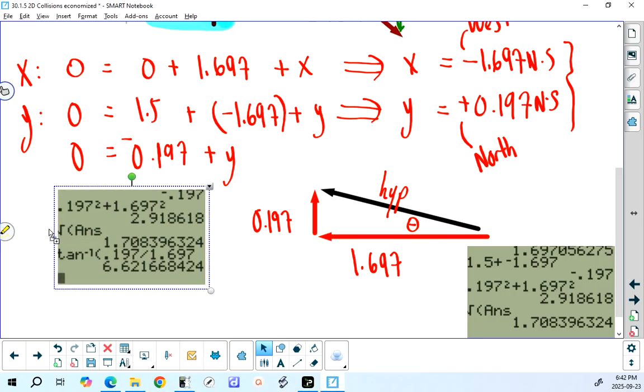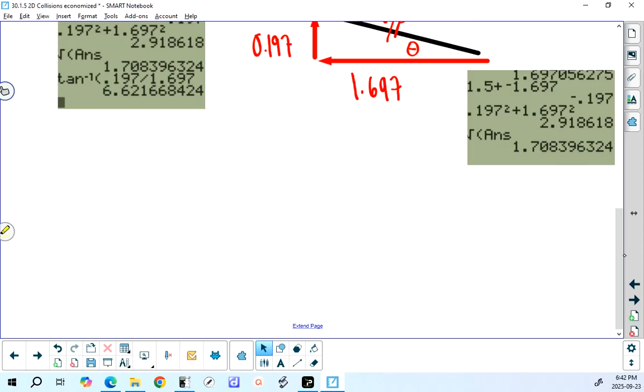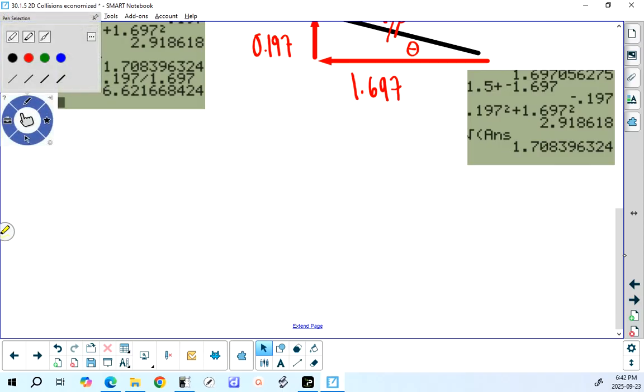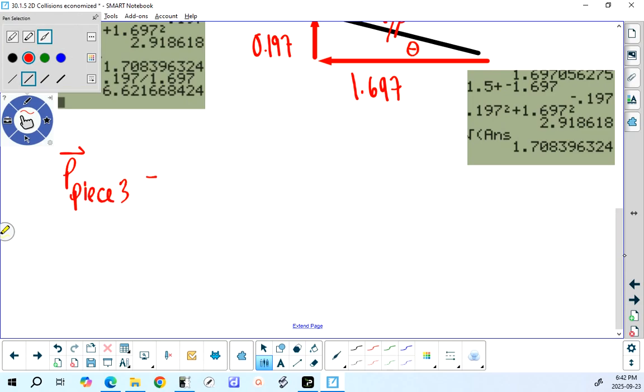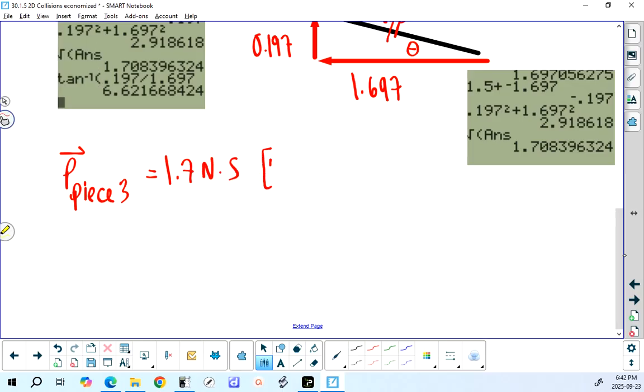We do have to remember that we're not after the momentum. Let me write down what we've got so far. We've got the momentum of the third piece is 1.7 Newton seconds at an angle of 6.6 degrees. Looking at the diagram above, we can see it's north of west.